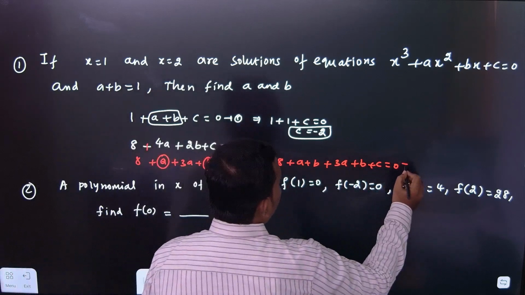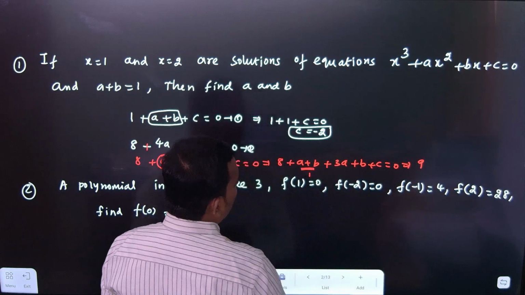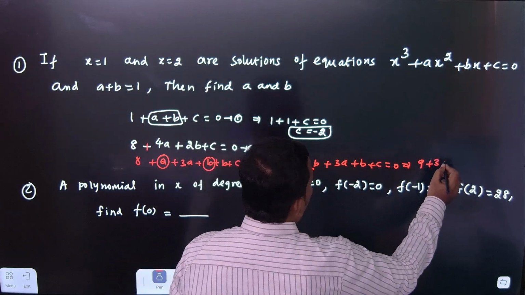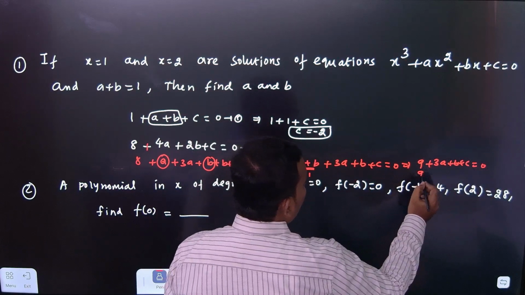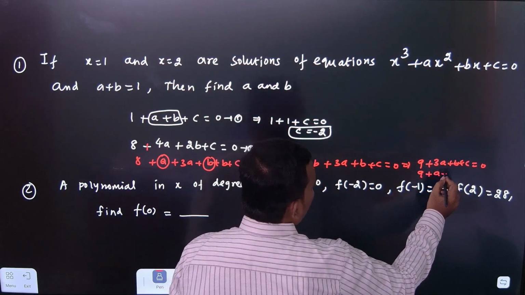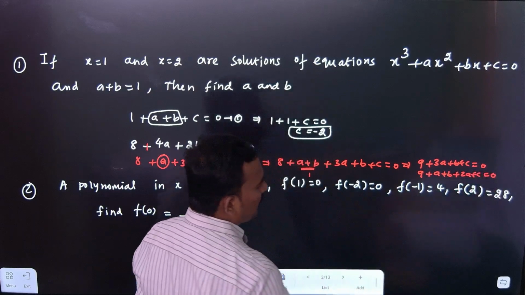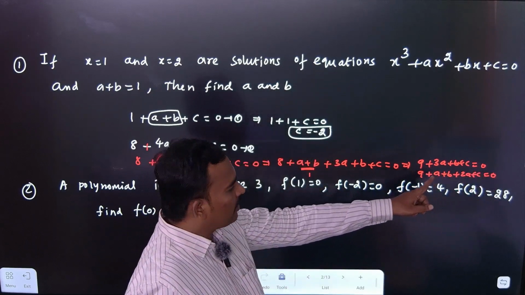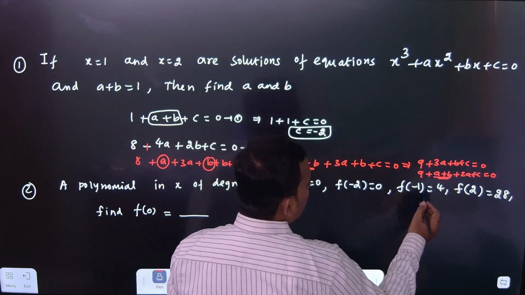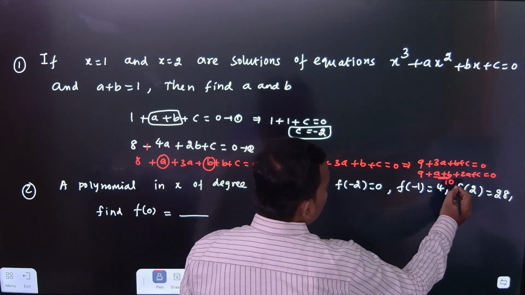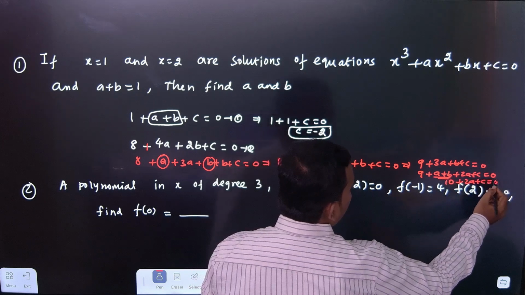So again you can substitute here, it's 9 because a plus b is 1. 9 plus 3a plus b plus c is equal to 0. But again you can write 9 plus a plus b plus 2a plus c is equal to 0, because 3a we can write as 2a plus a. So again you can replace 1. So 9 plus 1 is 10. 10 plus 2a plus c is equal to 0.